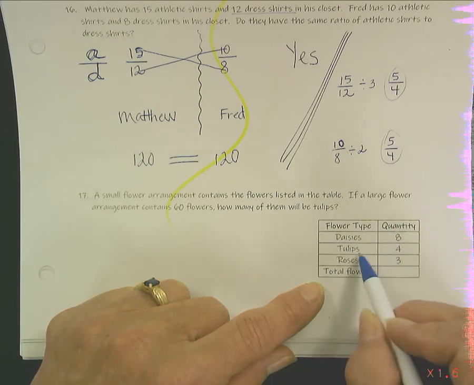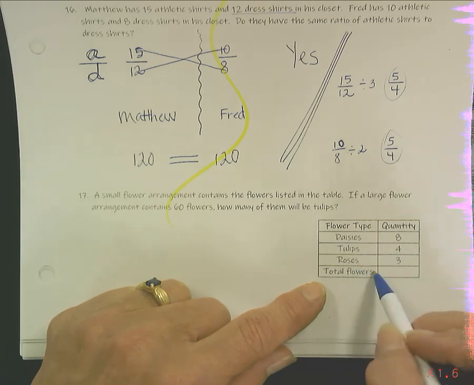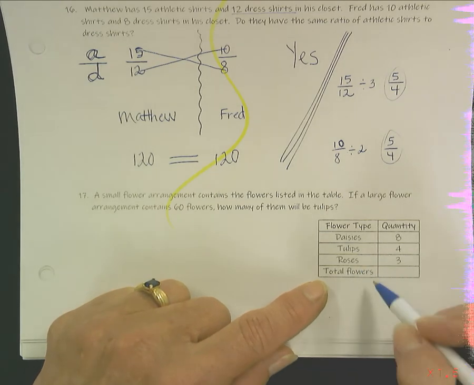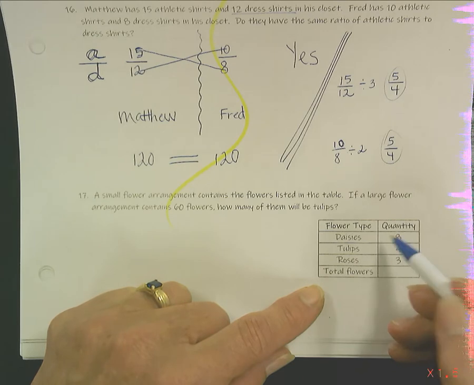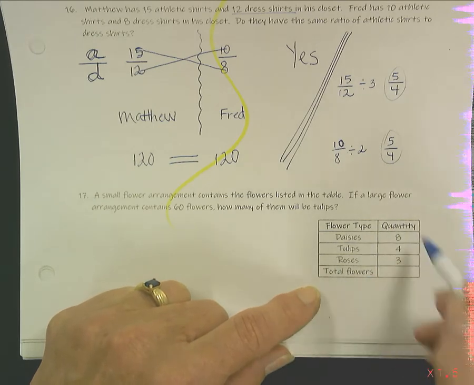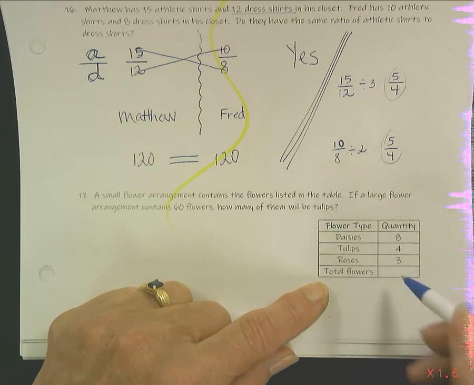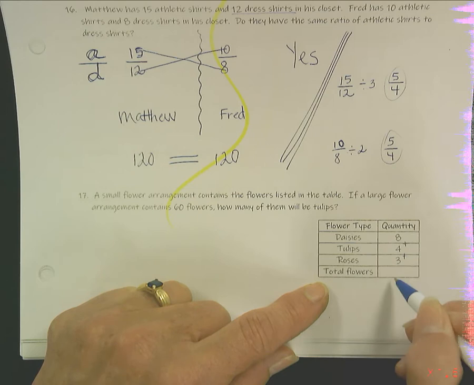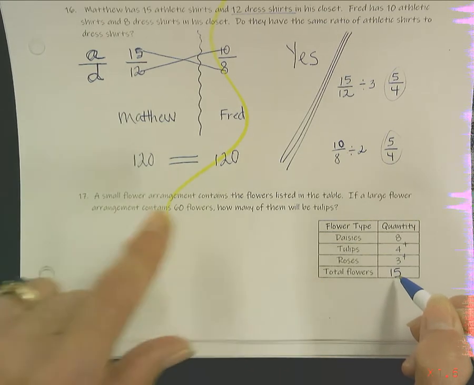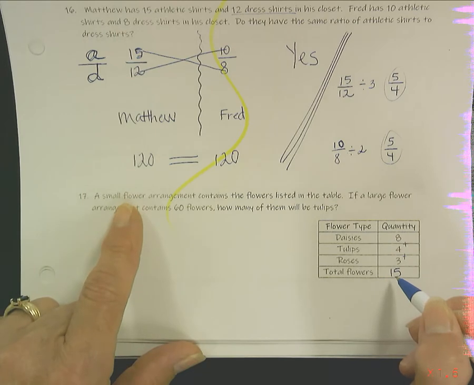They're beautiful. They just don't last long. And some roses, my mom's favorite. So this is a small flower arrangement. How many flowers are there? Yes, if I add all these together, there are 15 flowers in the small arrangement.